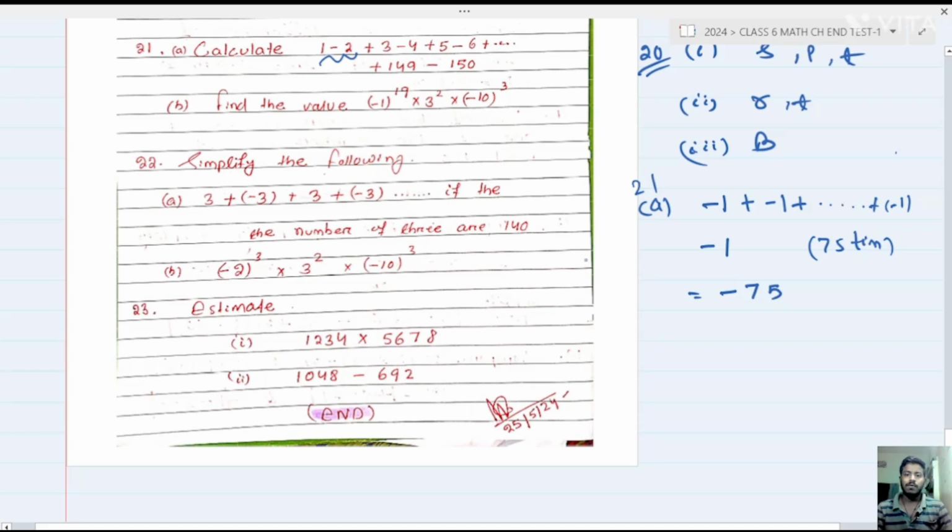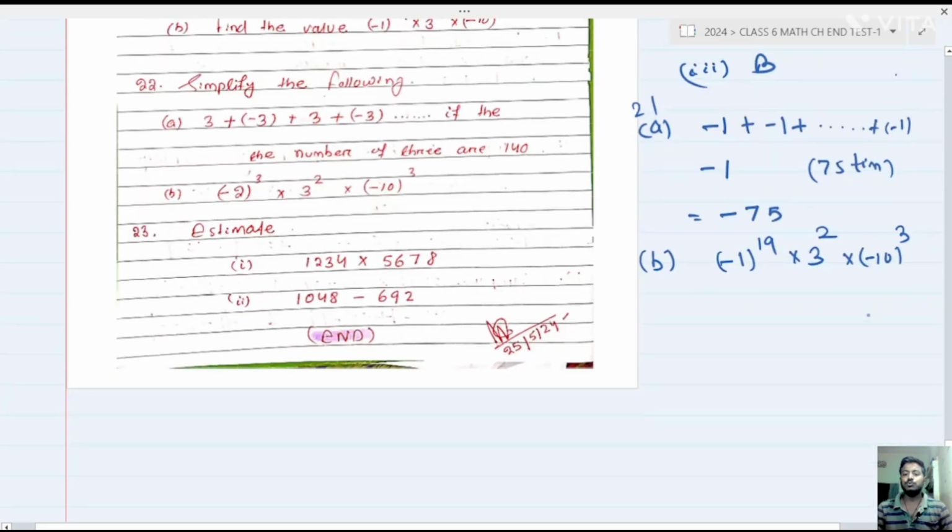Next question number B. Find the value, minus 1 to the power 19 into 3 to the power 2, or 3 square, into minus 10 to the power 3. So first we solve.